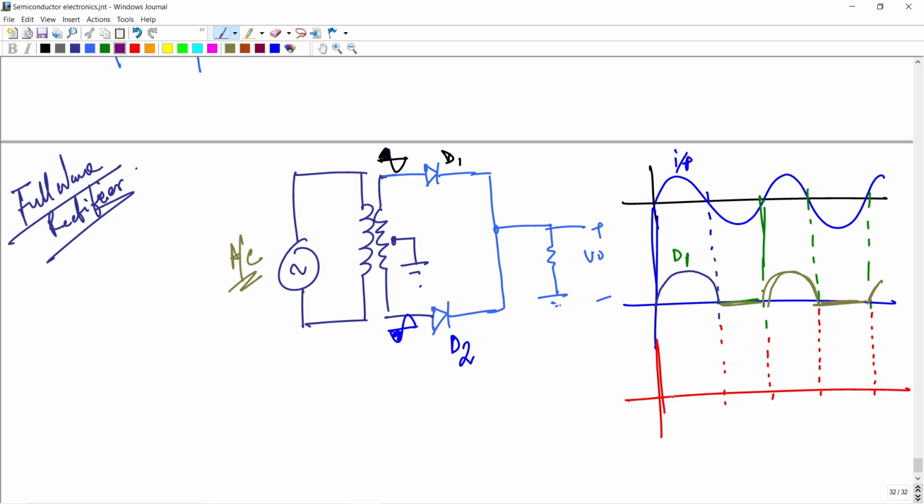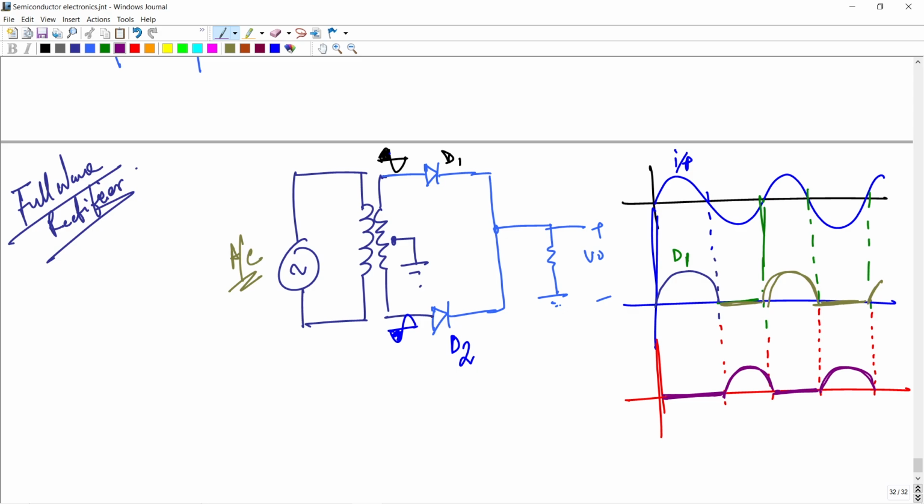And here it is the same: D2 is in reverse bias in the opposite case, and here there is a negative, so this means positive, so D2 is forward bias. When D1 is forward bias, D2 is reverse bias.